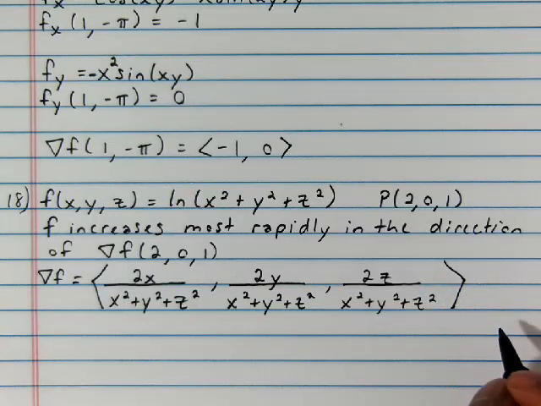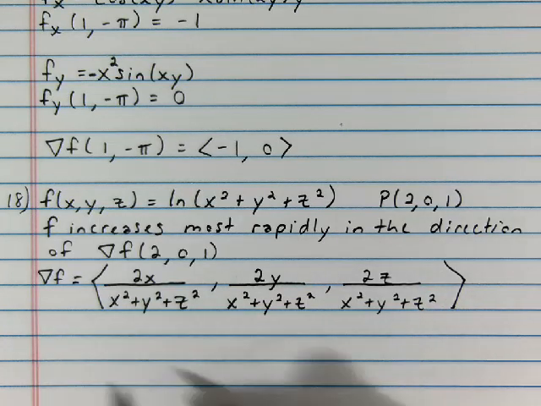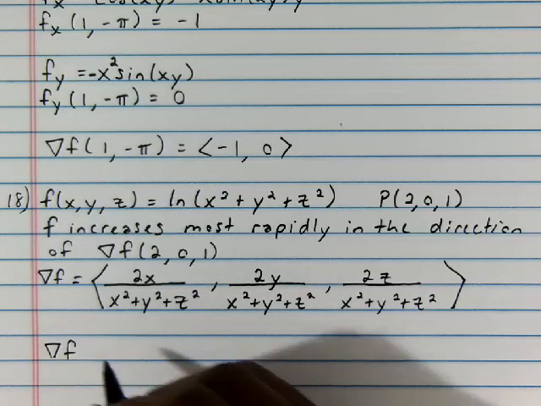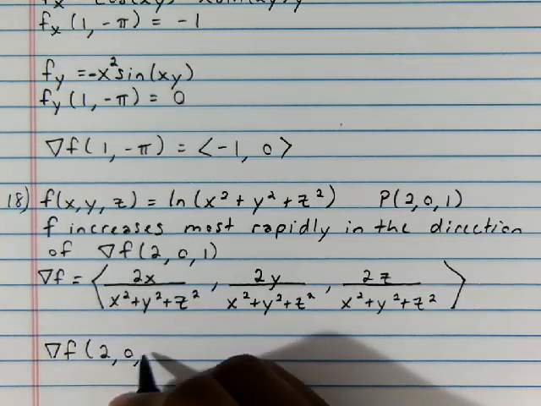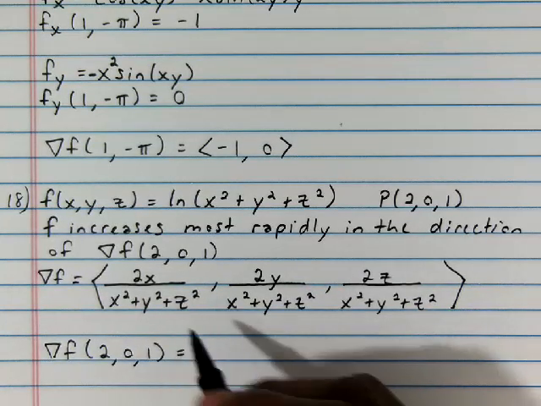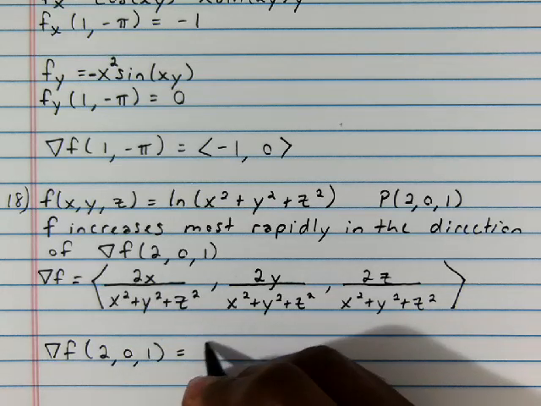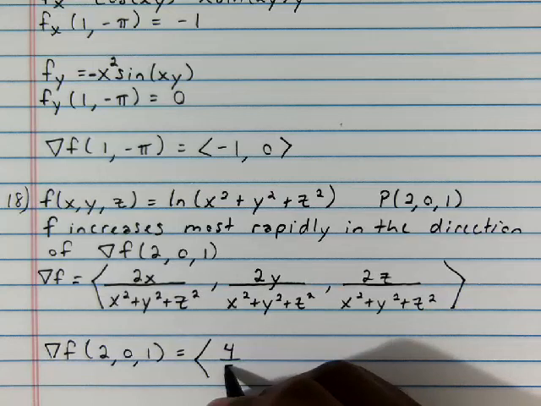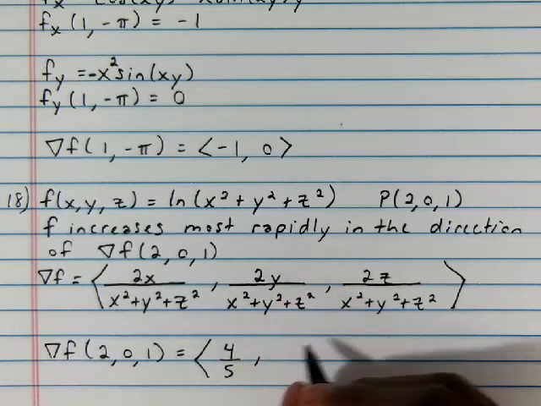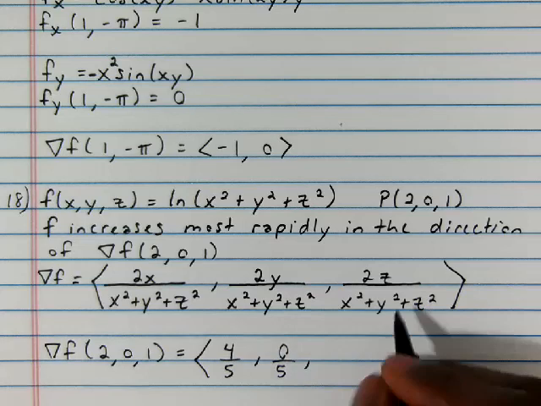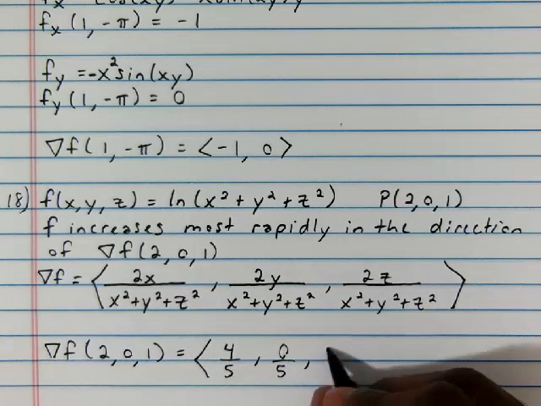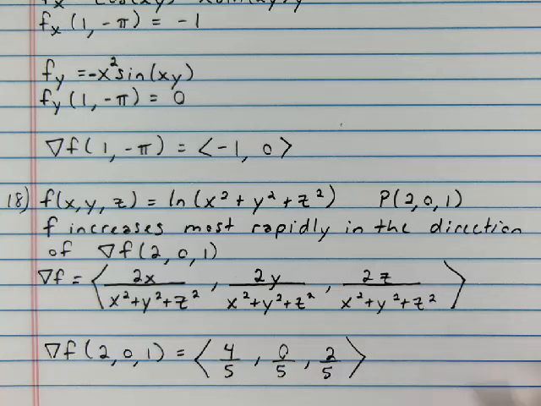And now we need to evaluate this at the point (2, 0, 1). And if we do that, we are going to get 4 over 5, and then this is 0 over 5 again, and this one is 2 over 5. All right, so that will be the direction in which f increases most rapidly.